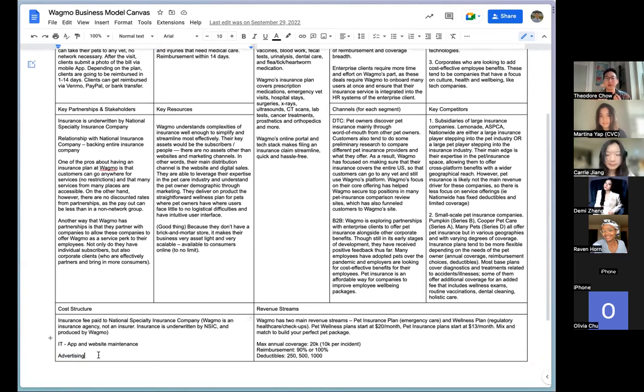But if you were doing this, you might know you're going to invest in advertising specifically in TikTok, and you can write that, how much it costs, and what you think it's going to cost in the future. That's the detail that we want, whereas this is a very high level overview of what should go in each of the different segments, if that makes sense.